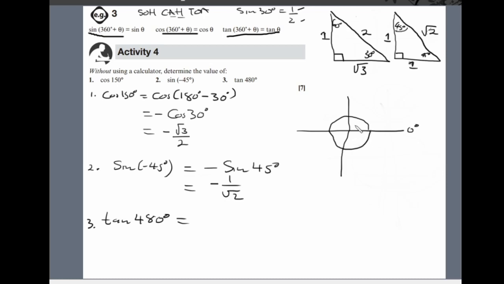So on your calculator, if you say 480 minus 360, you will find that it's 120. So after you have completed a cycle at 360 degrees, you'll start again and measure 120 degrees.